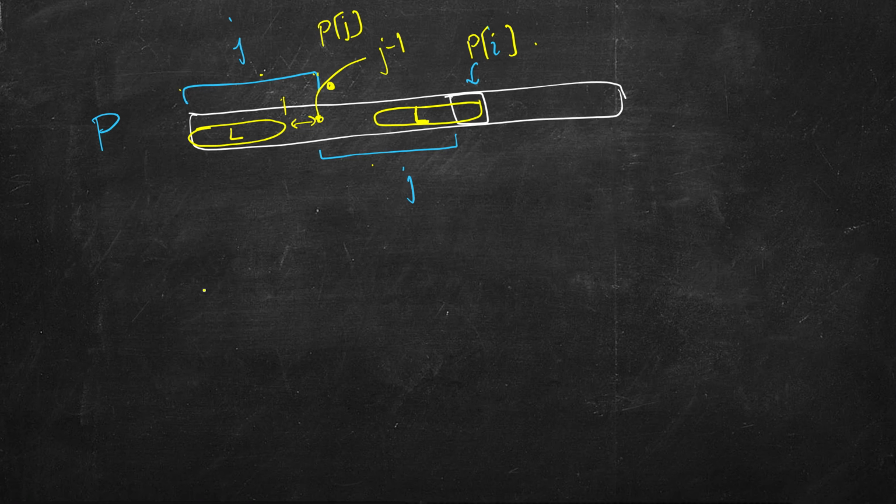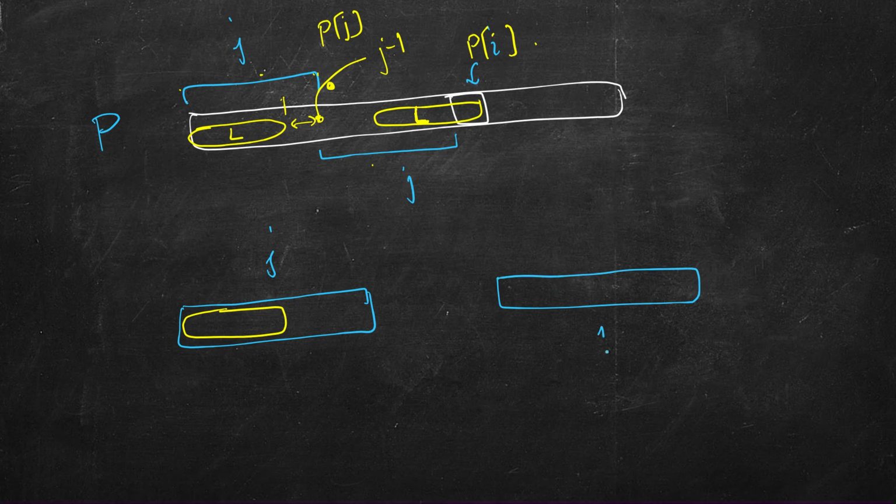So let's ignore it for now and look at the beginning one. This is j, and this part is the same as this thing here. So I have drawn it separately.